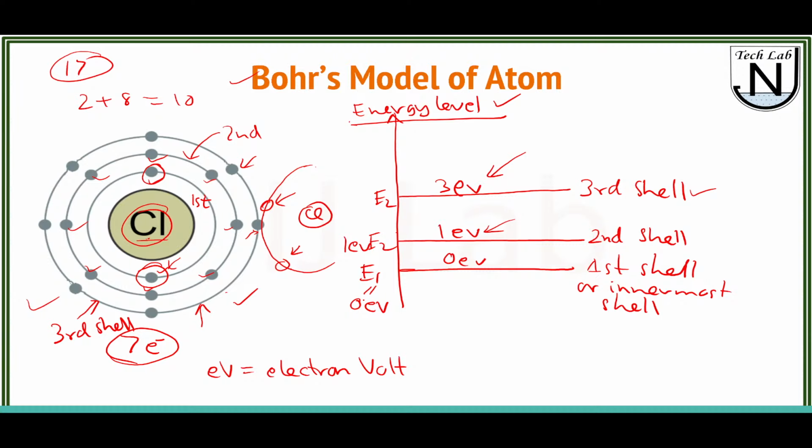But when we have a large number of atoms interacting with each other, these energy levels will convert into bands. Why? Because when a large number of atoms interact with each other, the electrons present in the same shell will not have the same energy.